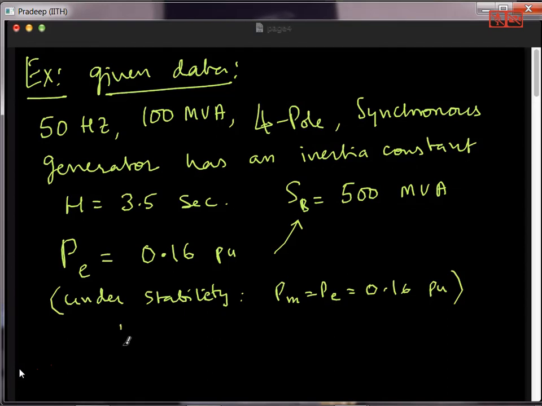But what is happening is P mechanical is given 0.18 per unit. So even though the electrical output is only 0.16, mechanical energy input to the generator increased to 0.18. So as a result, what happens is the rotor will accelerate.